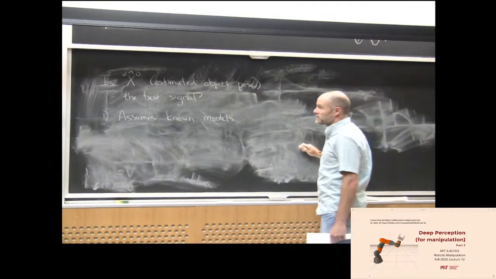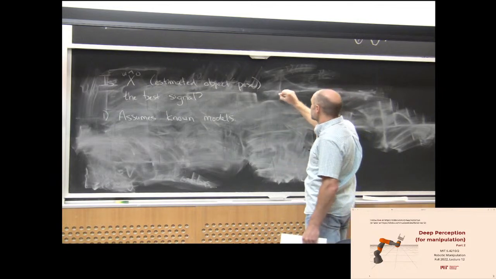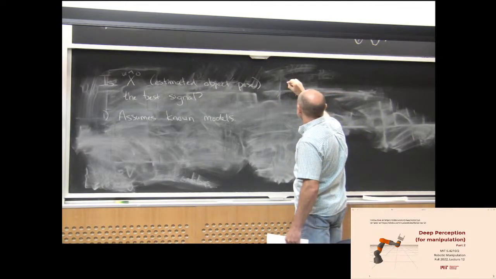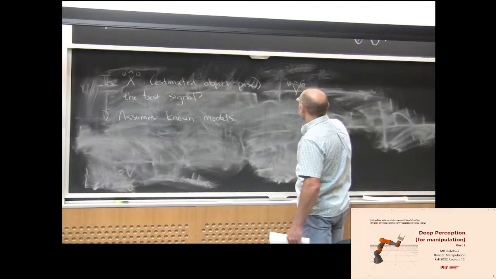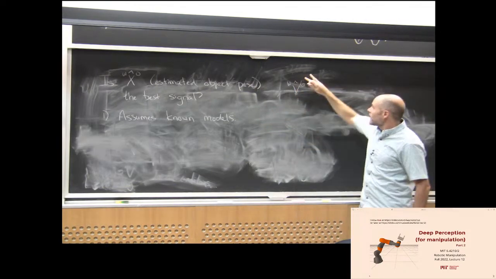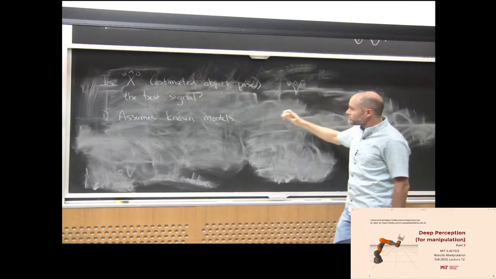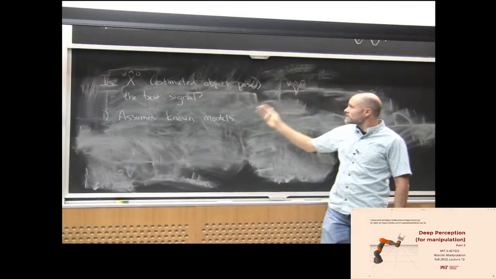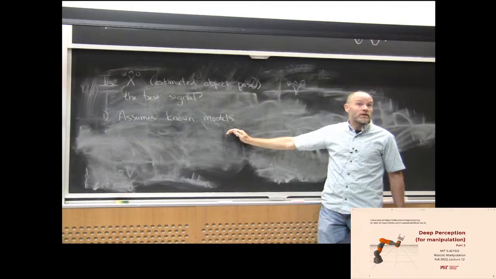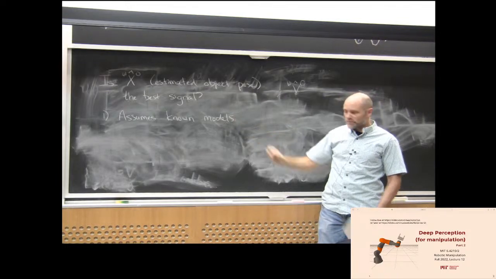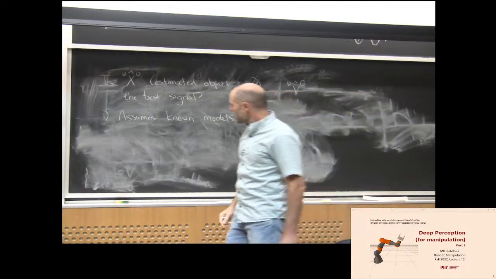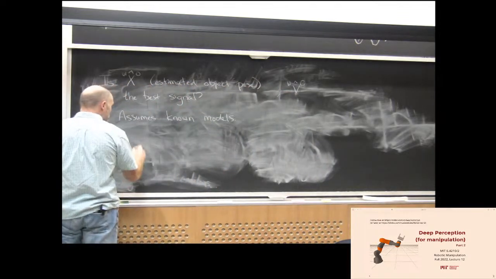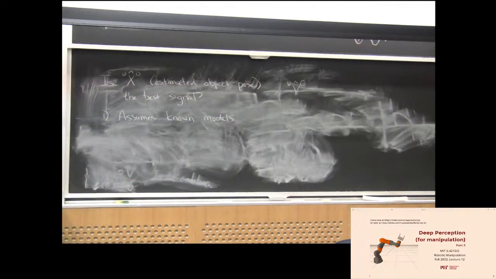Maybe in the full glory, assuming the world is nicely second order, I'd also want the spatial velocity of that object. But if I have known models, then this is actually a reasonable thing to do. There are still limitations even in that case.